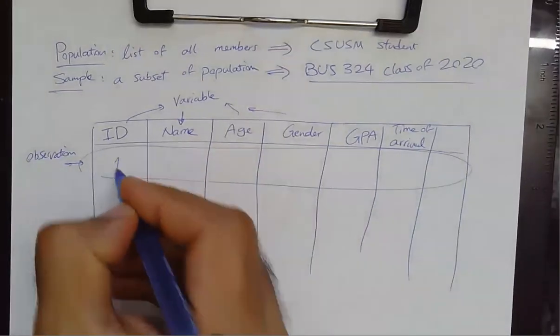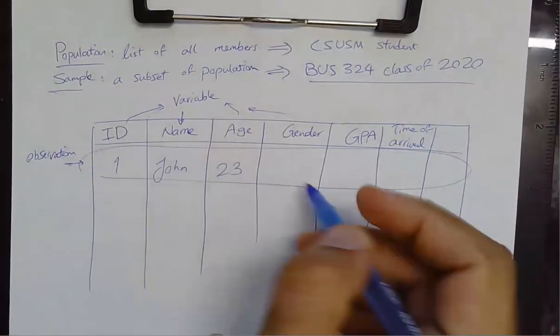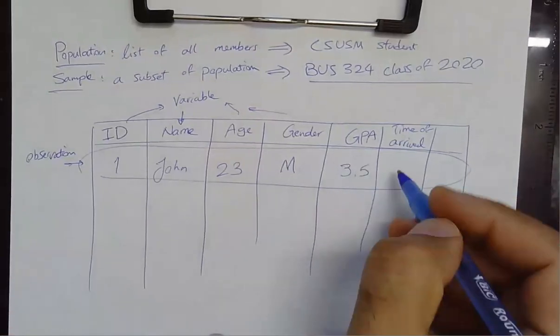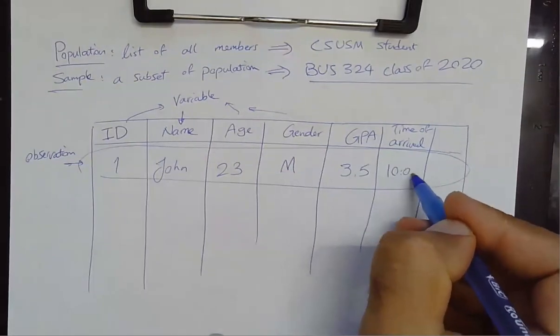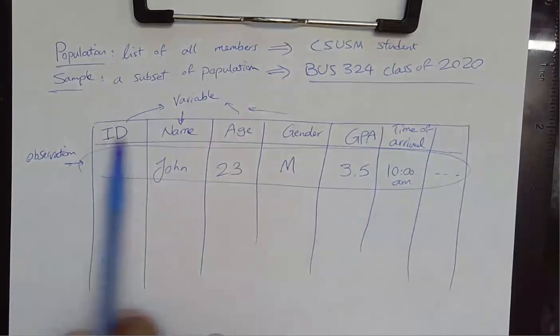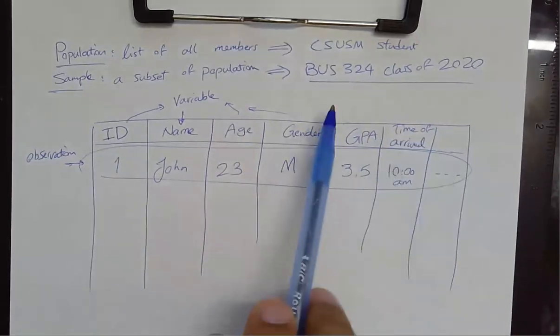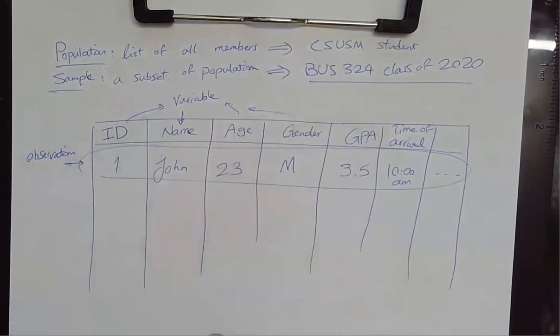ID, let's say 1, name, let's say John, age 23, gender male, GPA 3.5, time of arrival, let's say 10 a.m. So for this row, we just observed one member of ours, we just made one observation that is related to one member of the sample here. So that is called an observation.